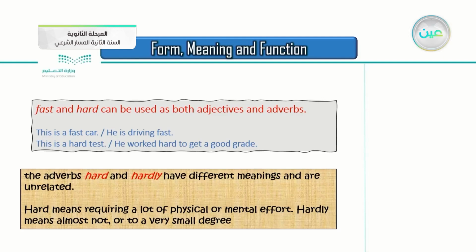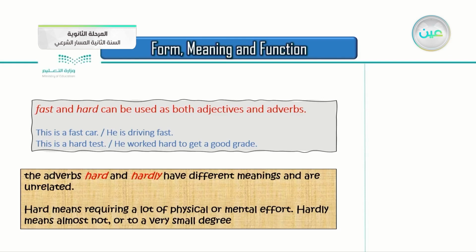Let's see why. Hard means requiring a lot of physical or mental effort. As an example here, he worked hard. So it took some effort from him. This is the adverb from the adjective hard. Again, he worked really hard. So he put a lot of effort, physical or mental.